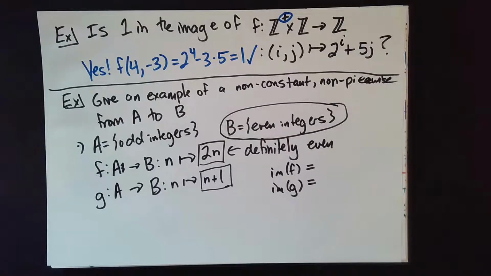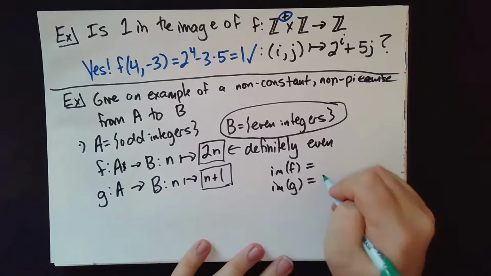So let's start with g. What's the image of g? Right, the image of g is just the set of even integers.